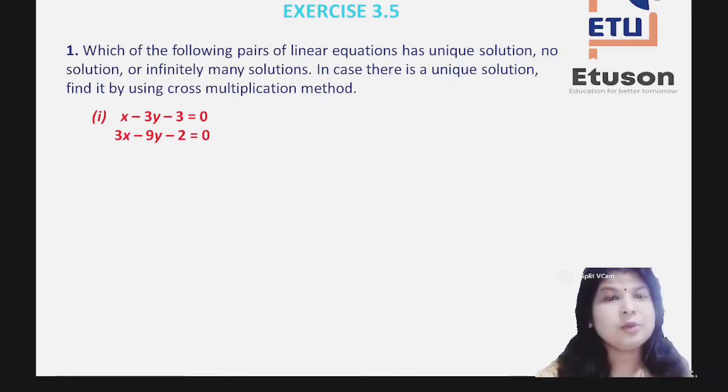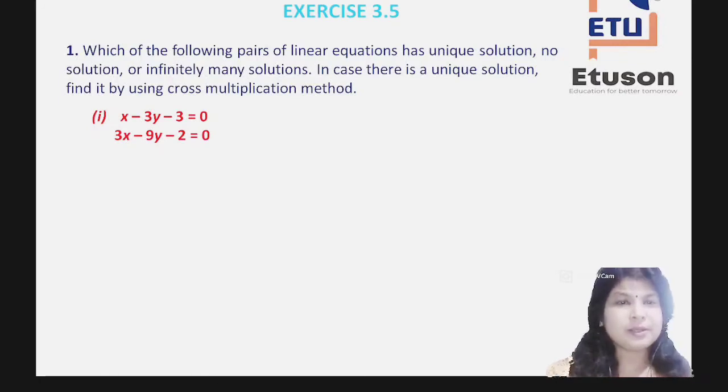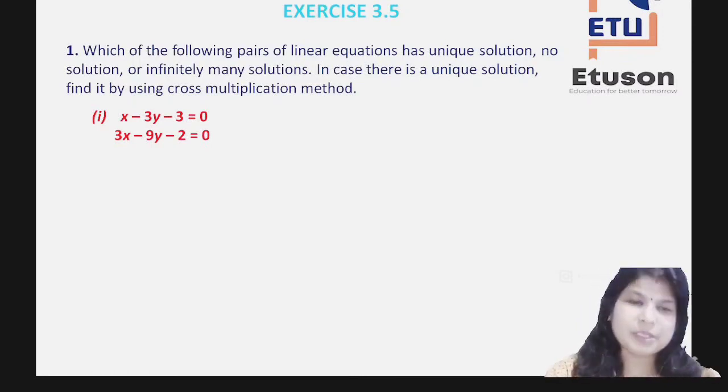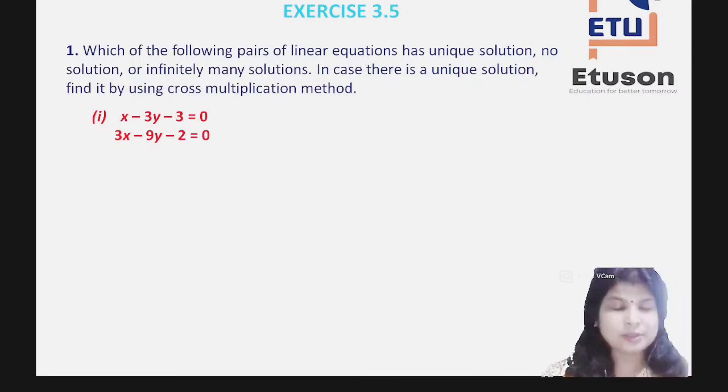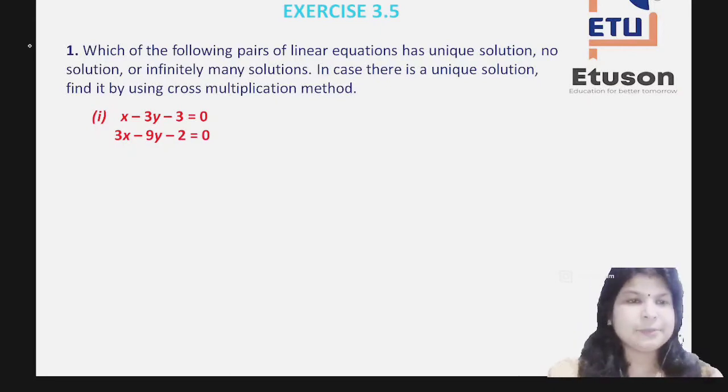So here, first we need to check whether the pair of linear equations has a unique solution, no solution, or infinitely many solutions. So this question has two parts. After checking which type of solution we get, only if we find that the pair of linear equations has a unique solution, then we are supposed to solve it by the cross multiplication method. So let us check then.